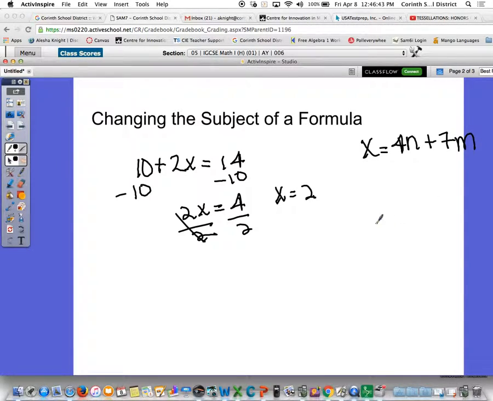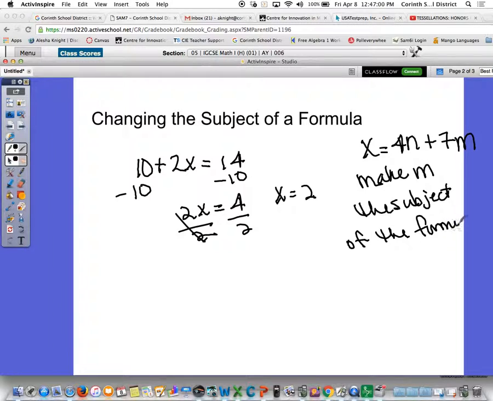Okay, x equals 4n plus 7m. Make m the subject of the formula. Okay, x equals 4n plus 7m, make m the subject of the formula.